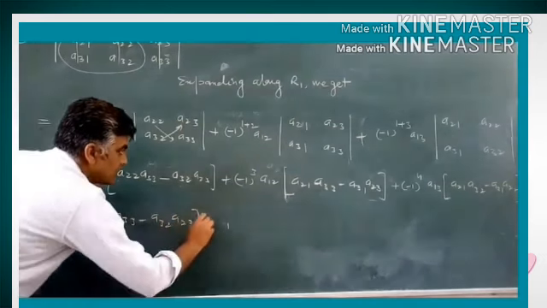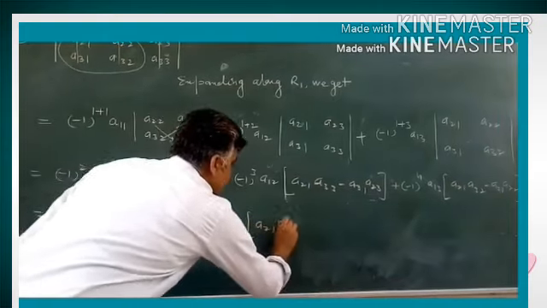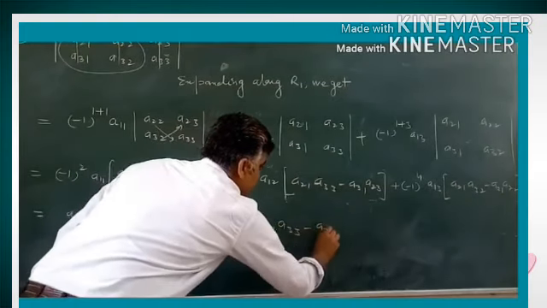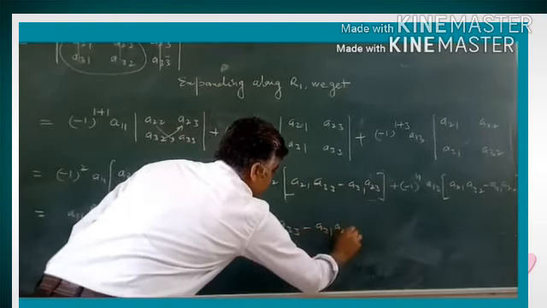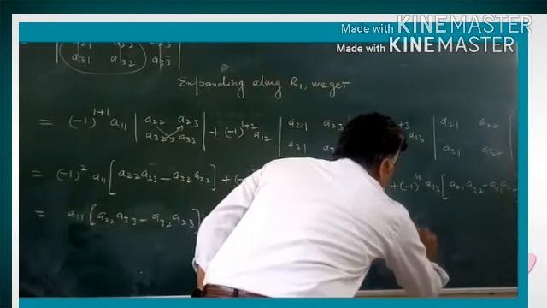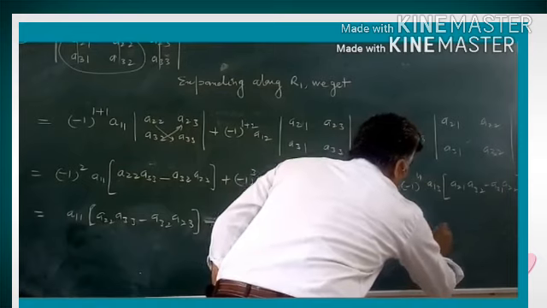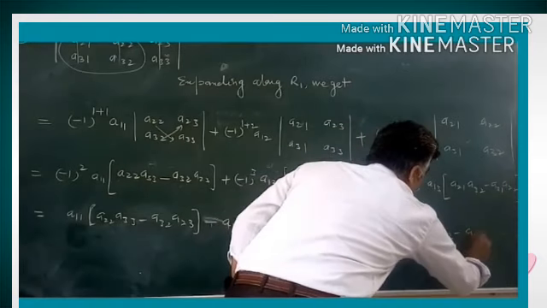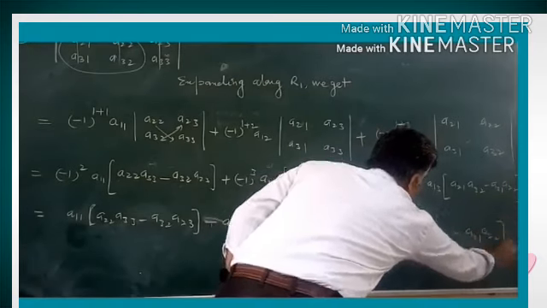A12 into A21, A33 minus A31, A23. (-1) power 4 is 1, therefore the value is 1. We write here A13 into A21, A32 minus A31, A22.